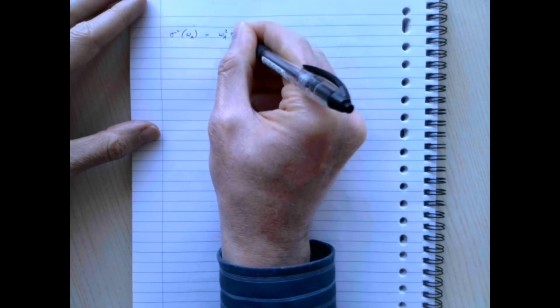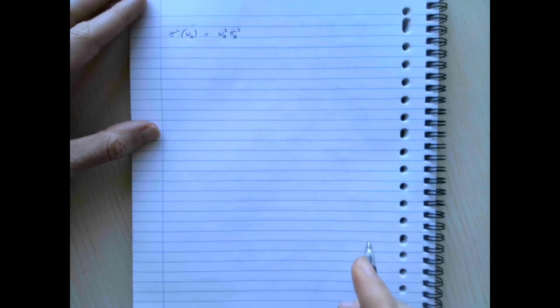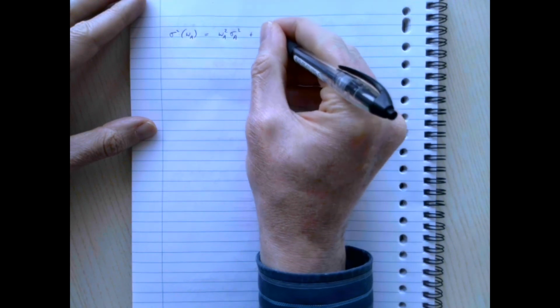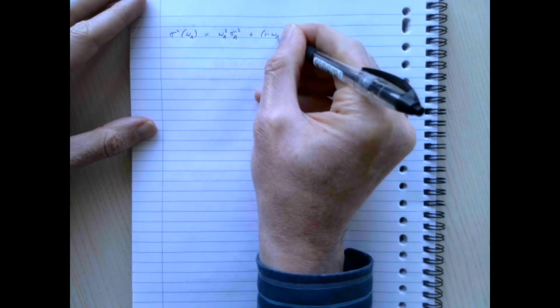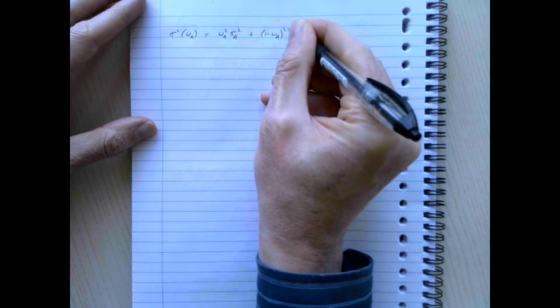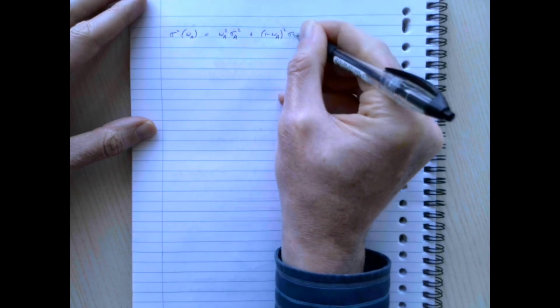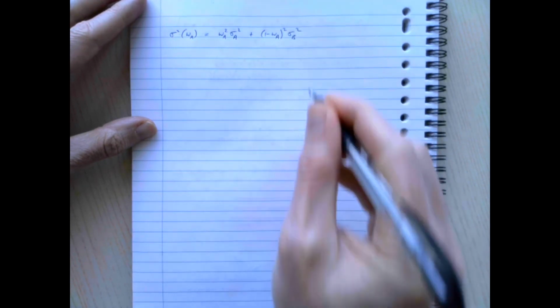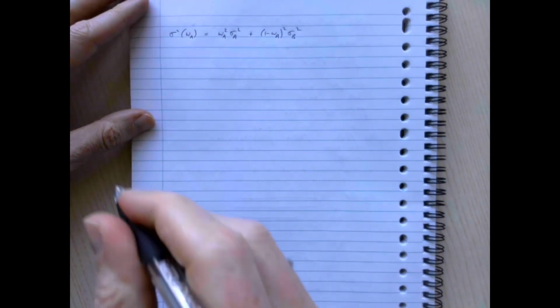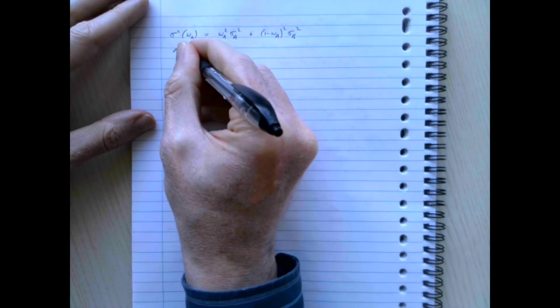It's the variance of stock A, sigma A squared, times the weight squared invested in stock A plus the weight in stock B, which is just 1 minus WA squared, times the variance of stock B squared for these uncorrelated stocks. So we want to minimize this, so let's first of all compute the derivative.